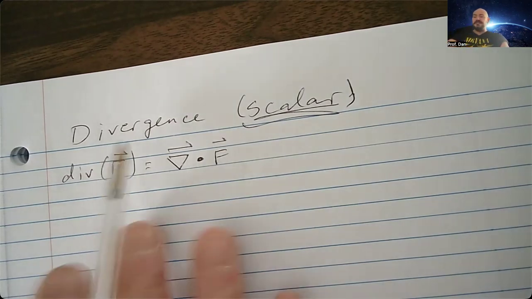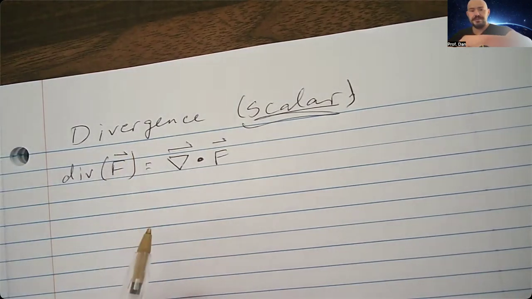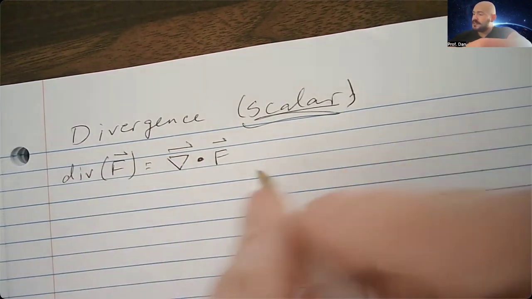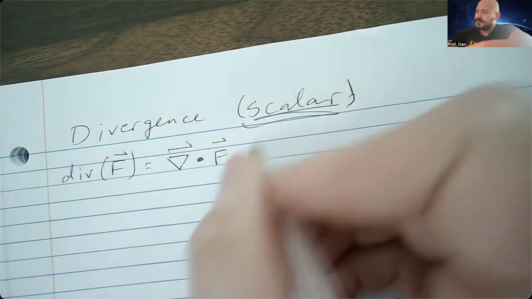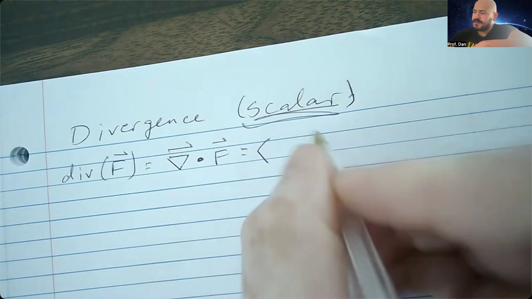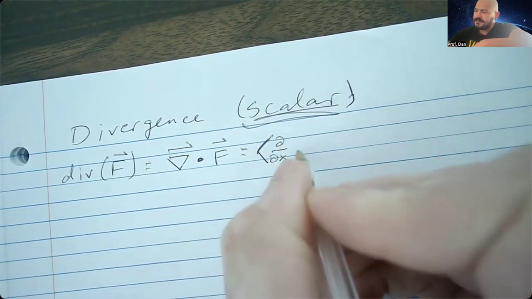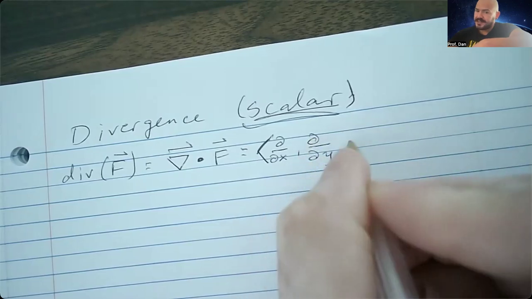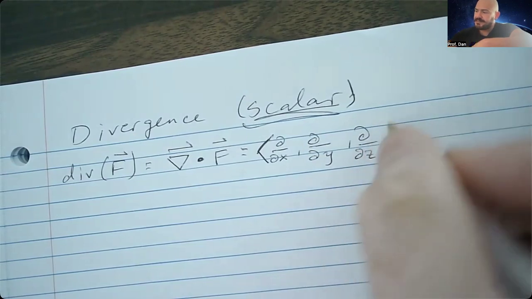So this is like the slope of a tangent line, but in a vector field. It's the rate at which points or particles or whatever flow through a specific point on a vector field. So again, just to remind you, our differential operator written out as a vector in component form looks like this.